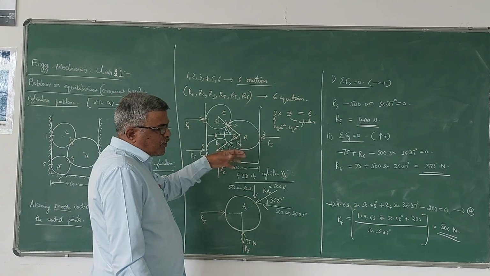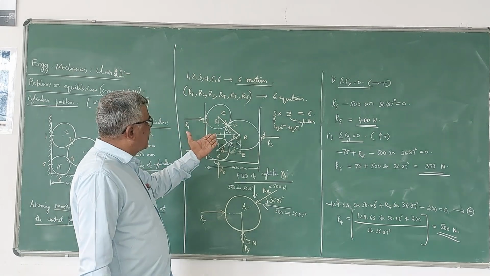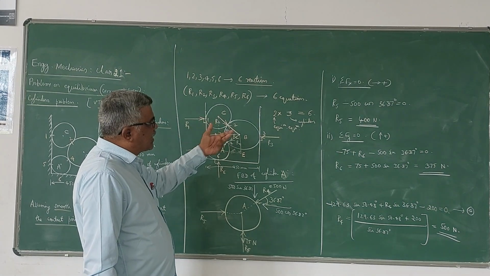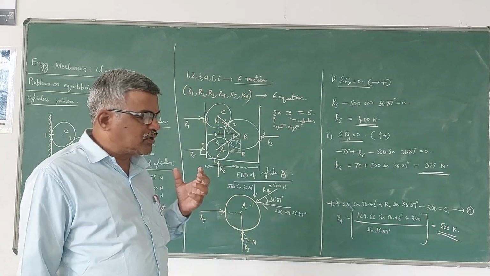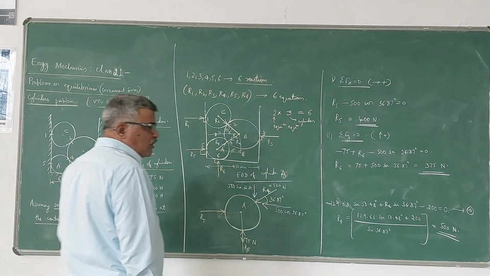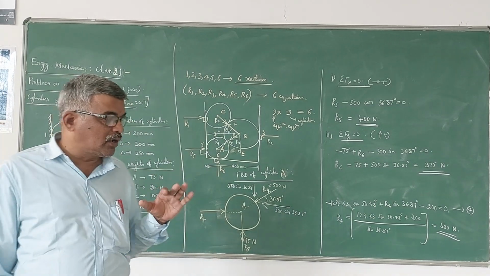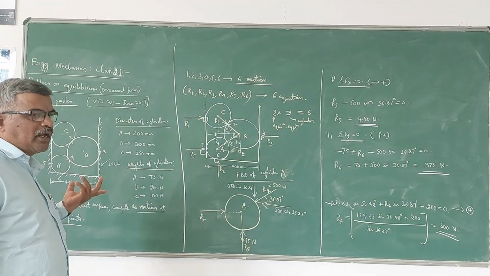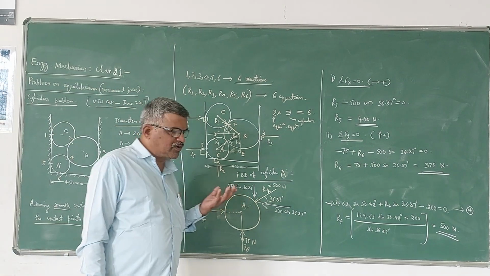So we need to compute the angles, theta 1, theta 2, all those things, by using the trigonometry of right angle triangles. Then we have to resolve the forces, and you have to choose in such a way that the number of unknowns for any free body diagram should not exceed 2, because we have only 2 equilibrium equations to solve, sigma Fx and sigma Fy.